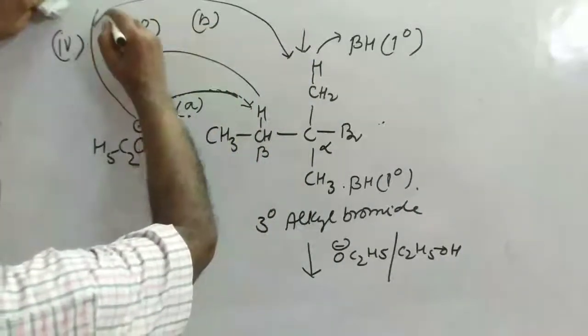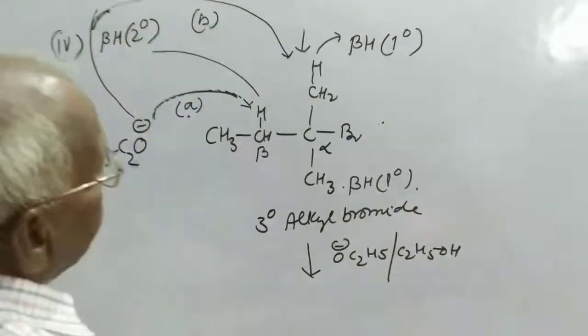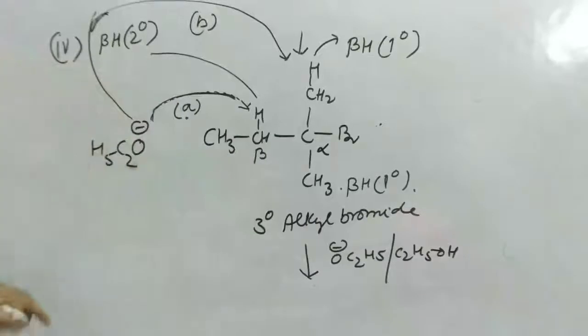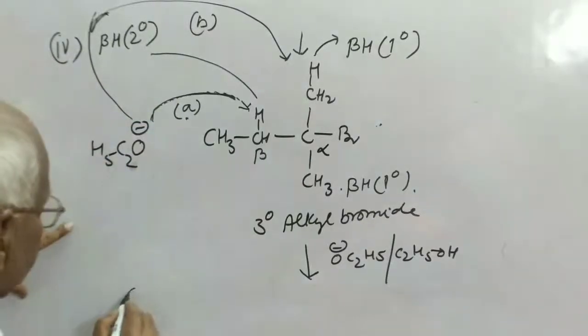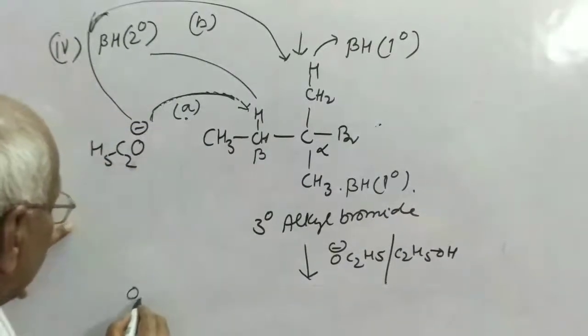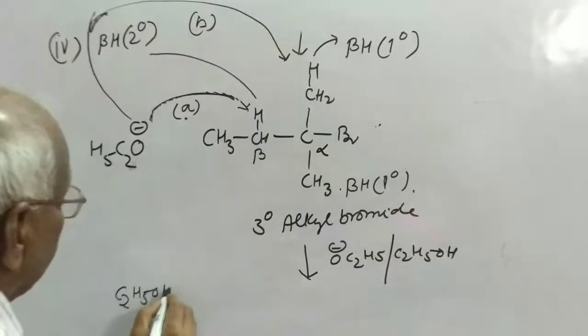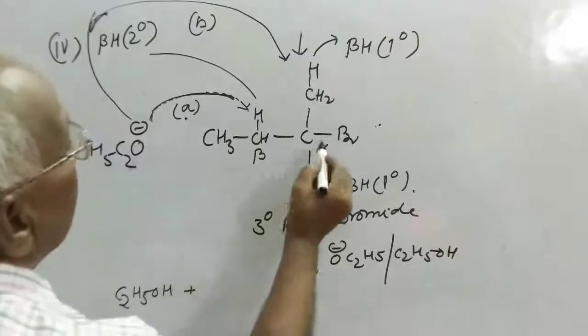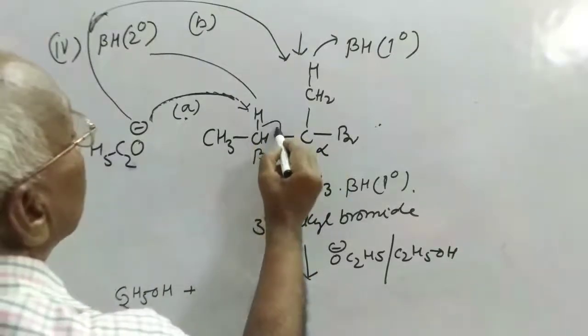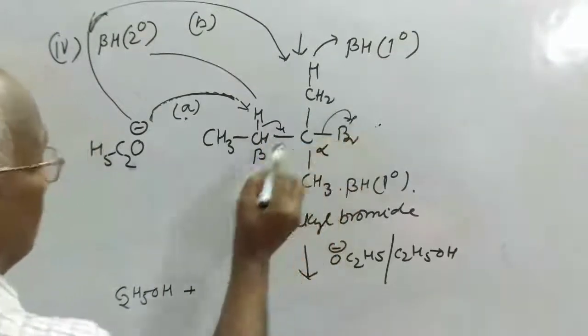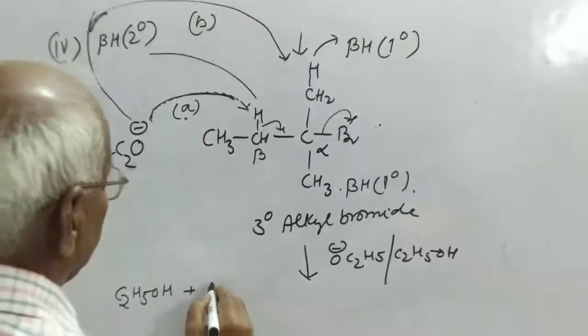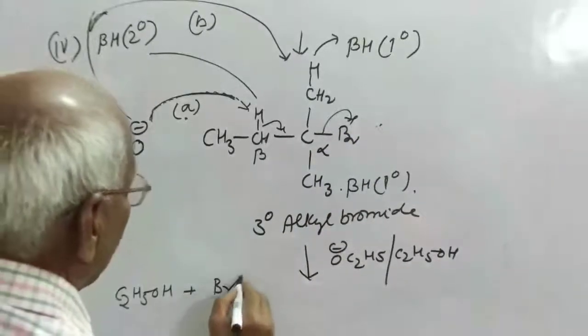This is A route. Now see the product. It abstracts the proton, so it changes into C2H5OH, ethyl alcohol. The bromide ion goes out.